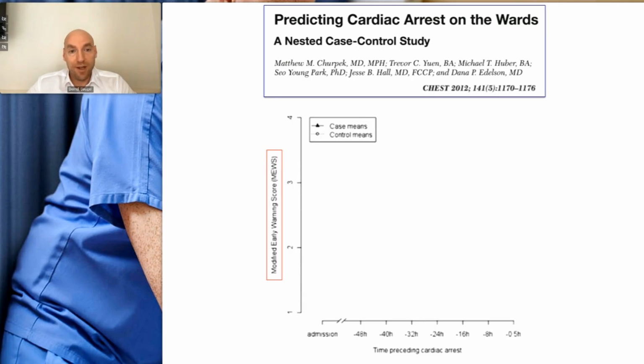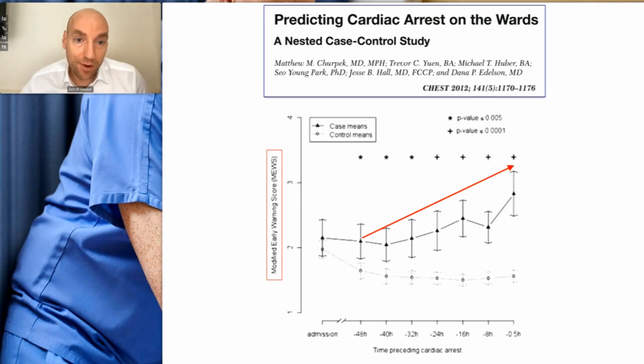If we here look at a figure analyzing patients who had cardiac arrest on a general ward, and this is a case control study comparing those patients who had a cardiac arrest to patients who did not have a cardiac arrest, and we look at a modified early warning score on the y-axis, you will see that there is a difference between patients who later do or do not develop cardiac arrest.